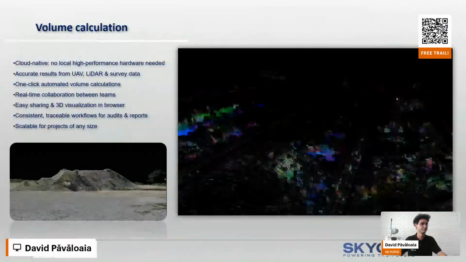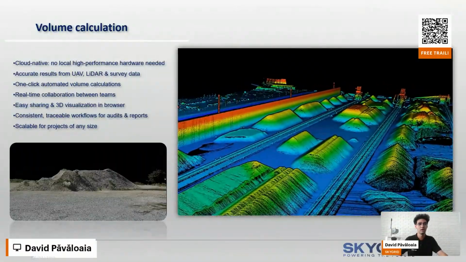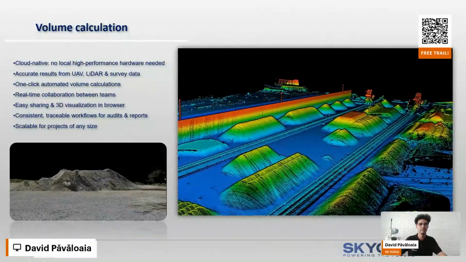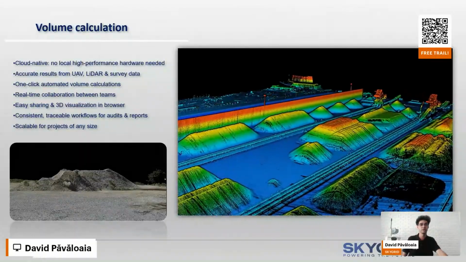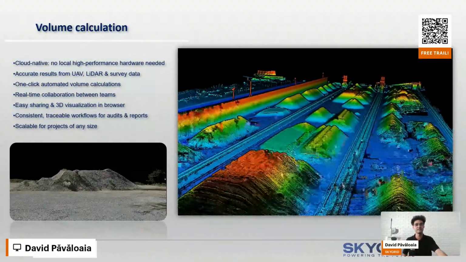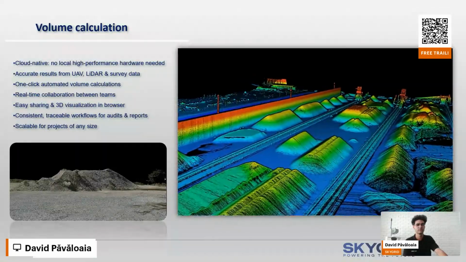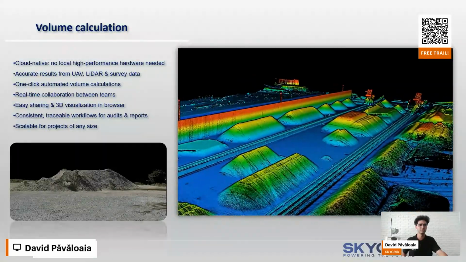But when it comes to volume calculation, with CoCloud, it just becomes faster and also easier to manage, because all of the processing is, of course, cloud-based. So once again, there is no need for expensive local hardware or those kinds of complex desktop software.